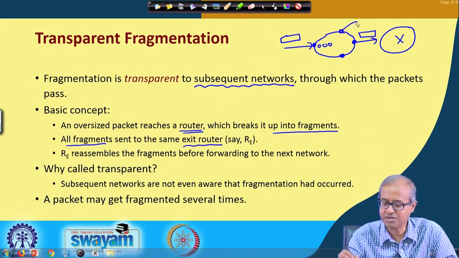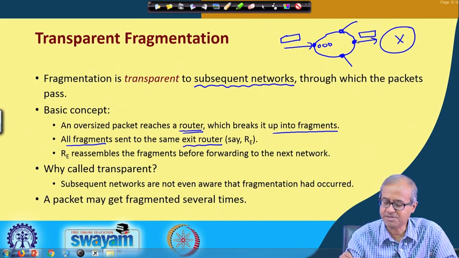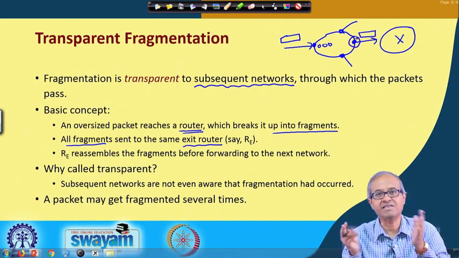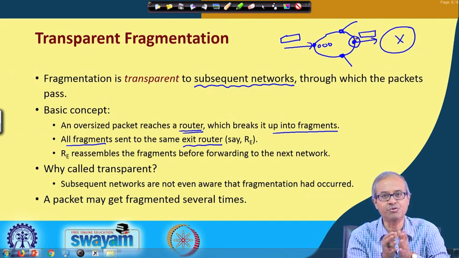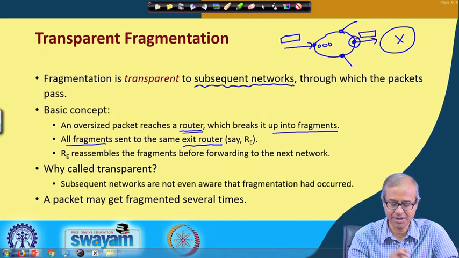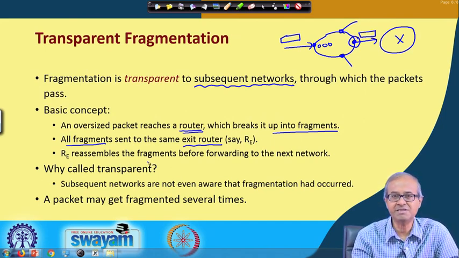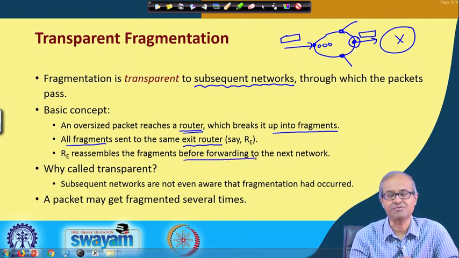There can be multiple routers with connections to the outside world. So, all the fragments must be sent to the same exit router, so that the exit router is able to do the reassembly, put the fragments back together again. Okay? This RE will reassemble the fragments into the original packet before it forwards to the next network. This is the basic idea.